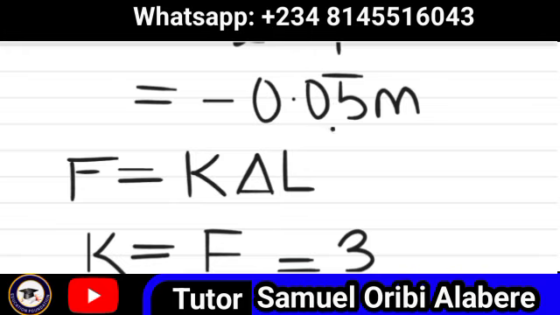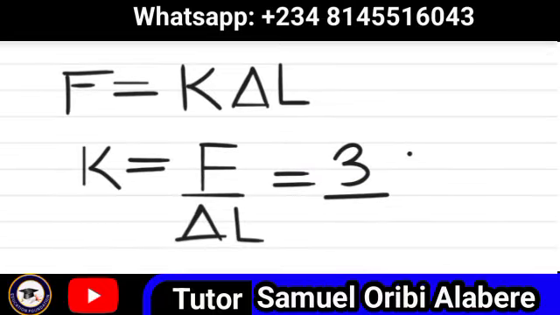But in this case, we are going to ignore the negative sign since we are looking for the spring constant. The spring constant here is always positive. Since it's a constant, it should be always positive. So we are going to ignore the negative. We are going to go on to add that, which will give us 3 all over 0.05.